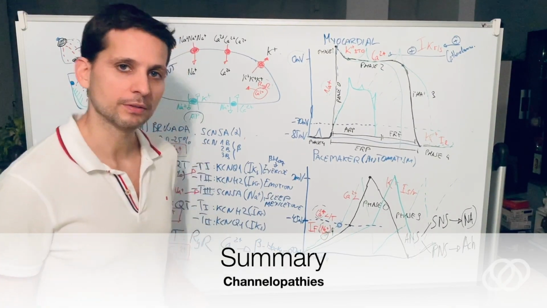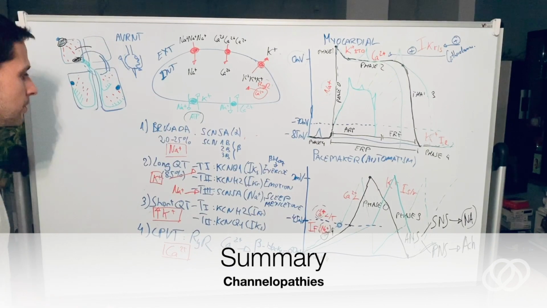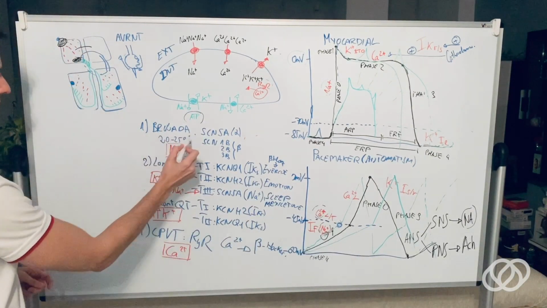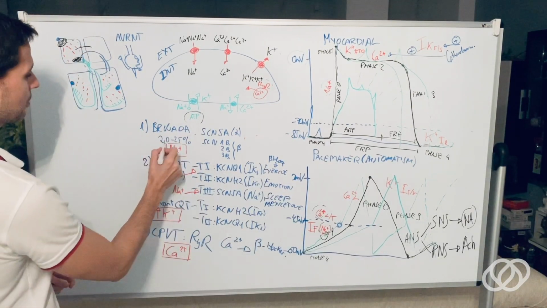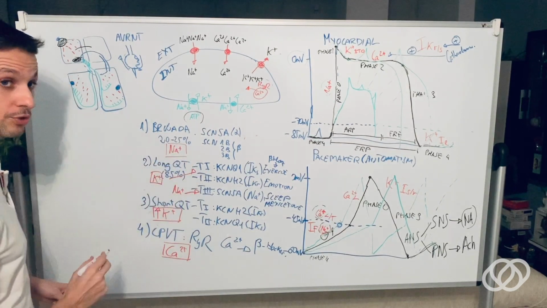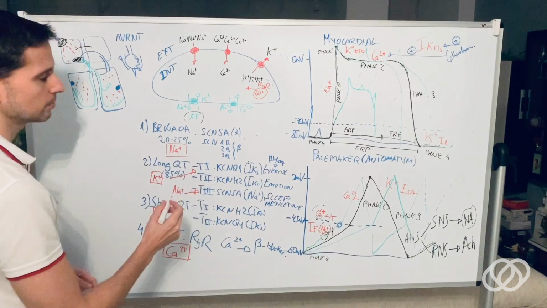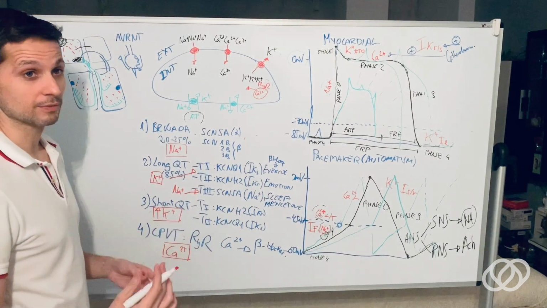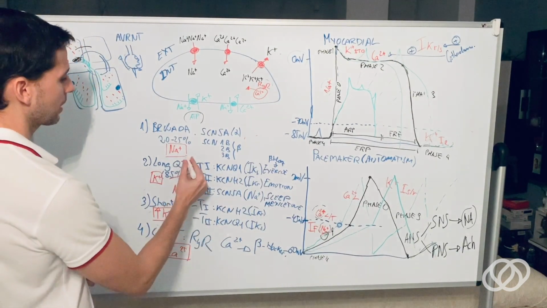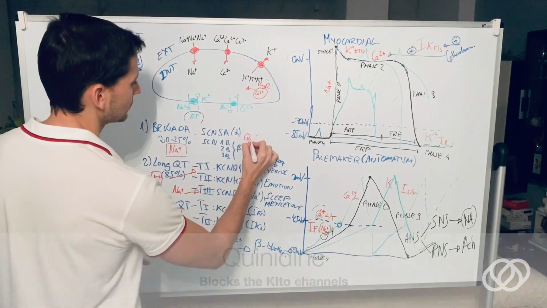So, as a summary for the channelopathies, we could say that we can have the Brugada syndrome. Here, the main problem is in the sodium channels that are impaired. Usually what we could do, most of the patients will receive a defibrillator, but we could use quinidine, for example.